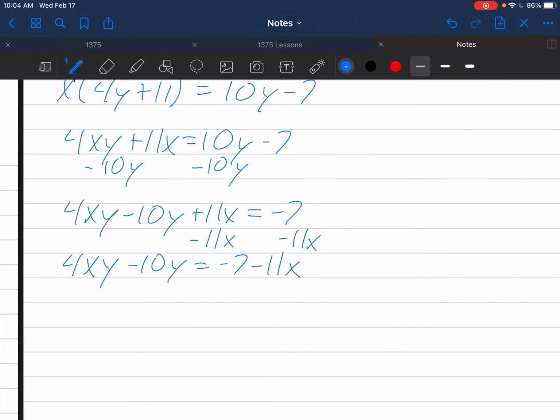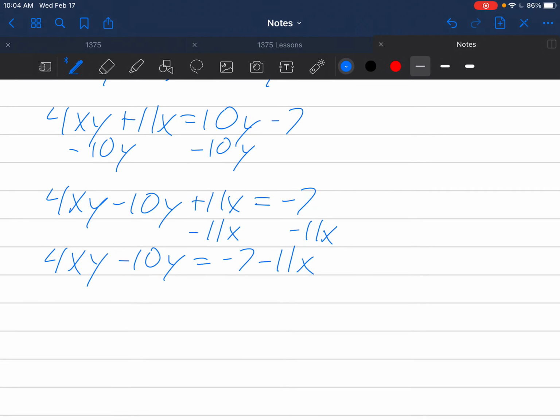Now comes something a little bit unique, but we have 4xy minus 10y. They are not like terms, so they cannot be added or subtracted. What we can do is on the left side here, we can factor out using a greatest common factor the variable y. We cannot proceed with anything else, right?